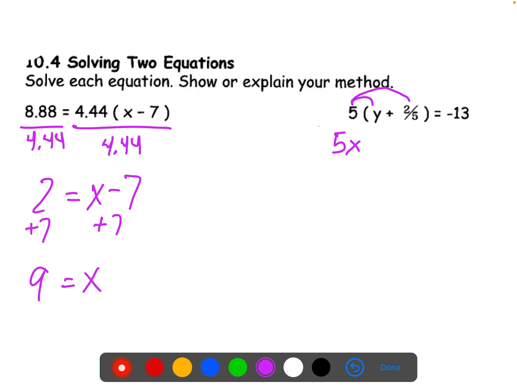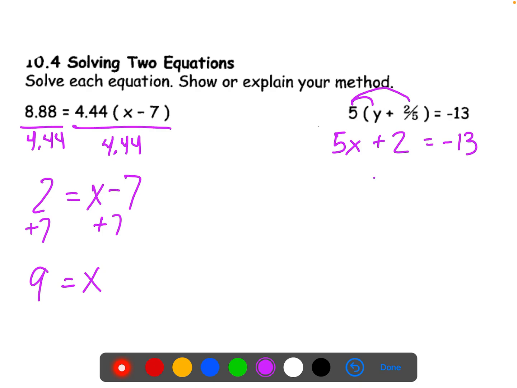I know some of you might be jumping for the calculator right away, but in this fraction, 2 out of 5 parts is what we have. And that works great with 5. I'm just going to take 2 of these 5 quantities. That's 2. So I'm adding 2 equals negative 13.